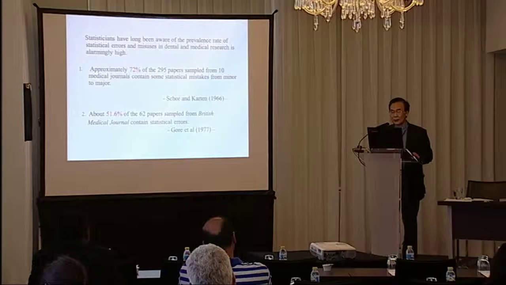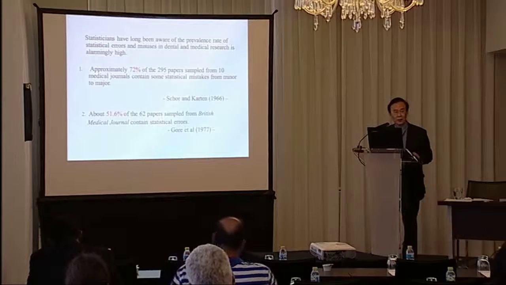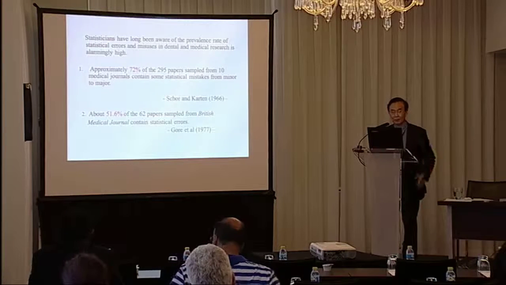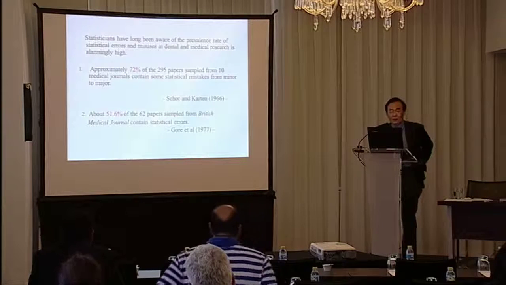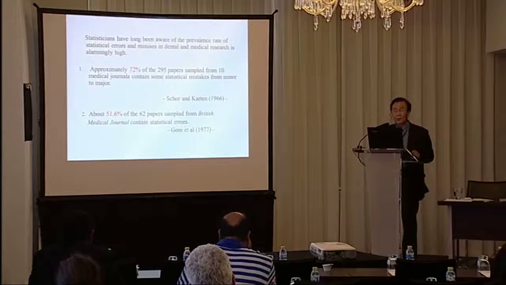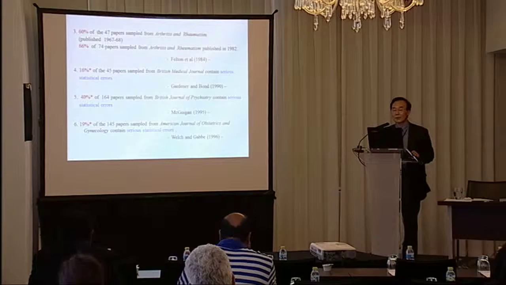In 1977, Gore and his colleagues took 62 papers from the British Medical Journal. Remember, BMJ is one of the top journals in medicine in the world, and they found approximately 51.6% of the papers contained some statistical errors.